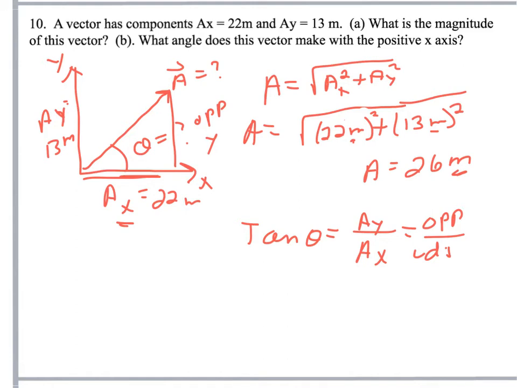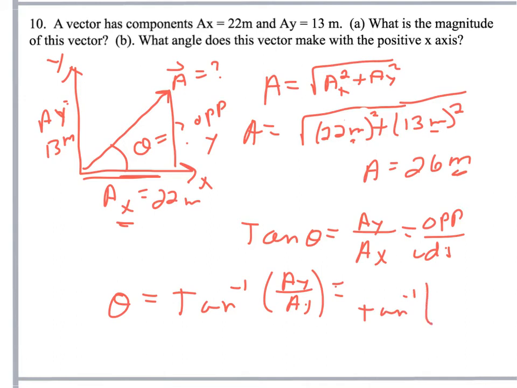Now we can plug in our values, but we don't want the tangent of theta, we want theta itself. So theta becomes the inverse tangent of opposite over adjacent, that a sub y over a sub x. Now we can put our numbers in, and we get the inverse tangent of 13 meters divided by 22 meters.